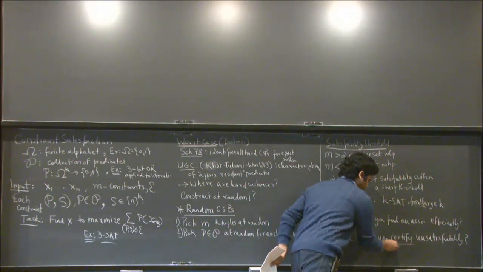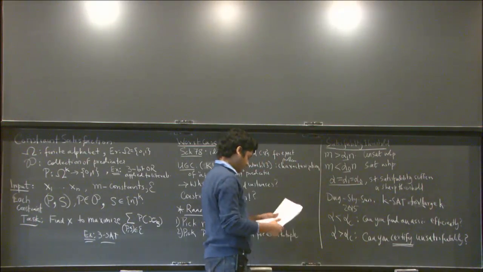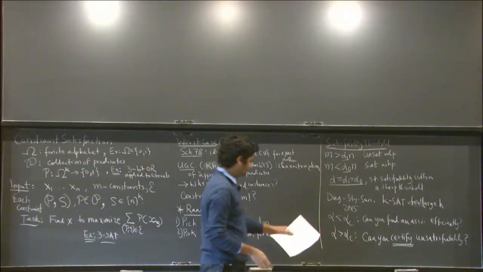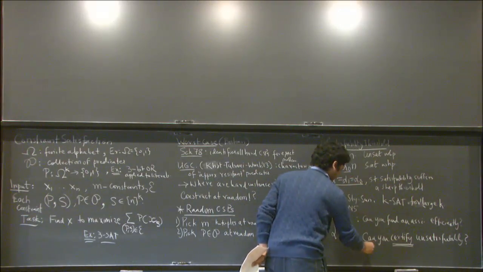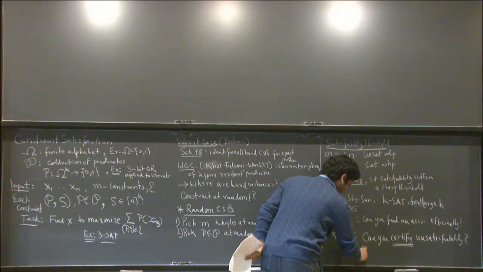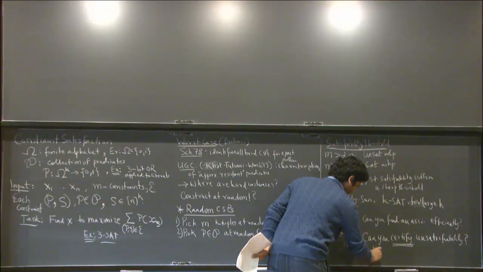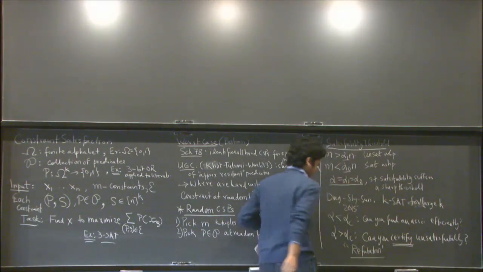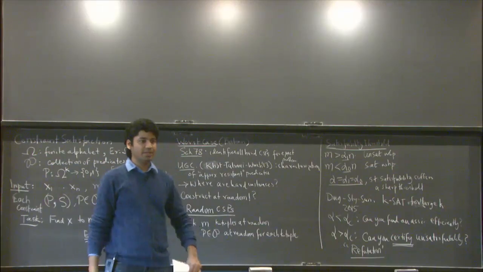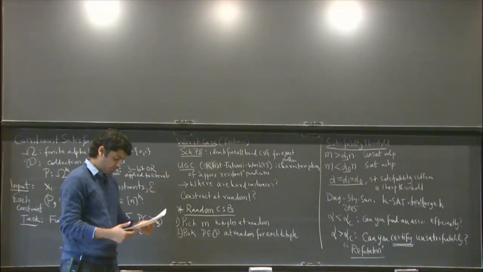This is of course the important part, and this certification question is what is called the refutation problem, which is in the regime when alpha exceeds this alpha critical.